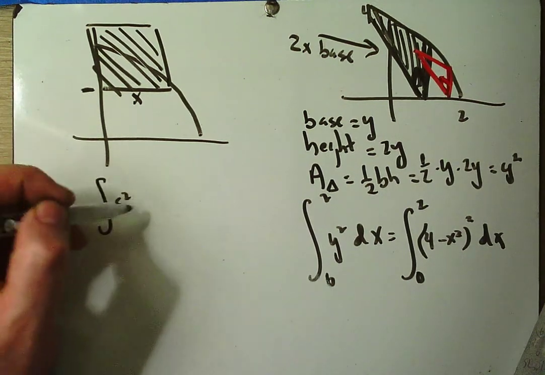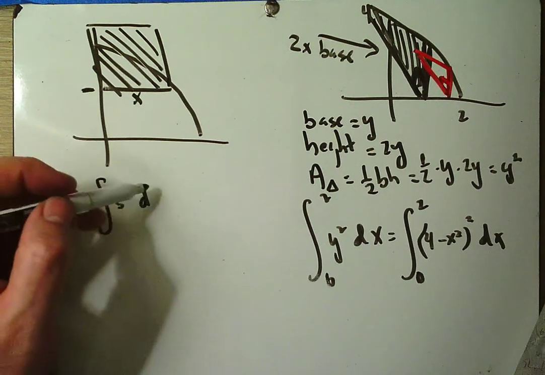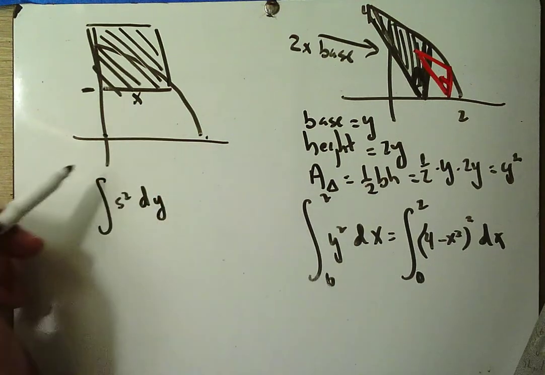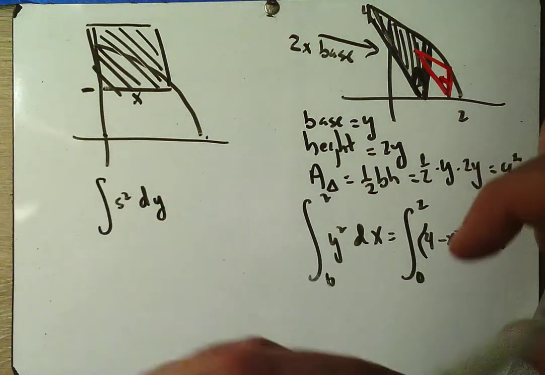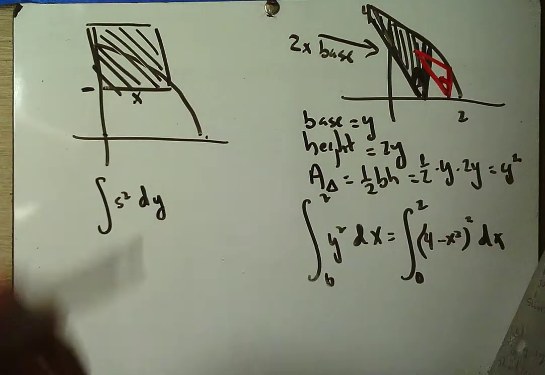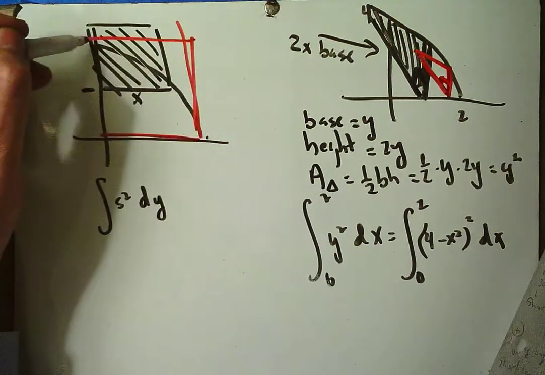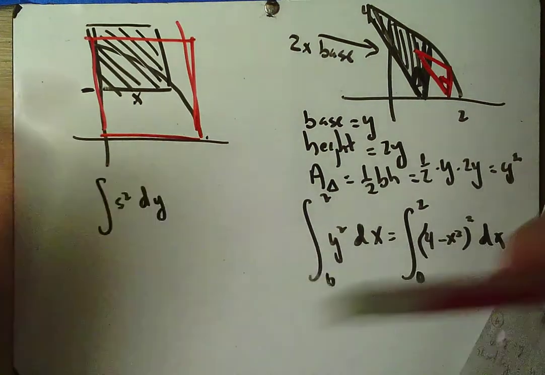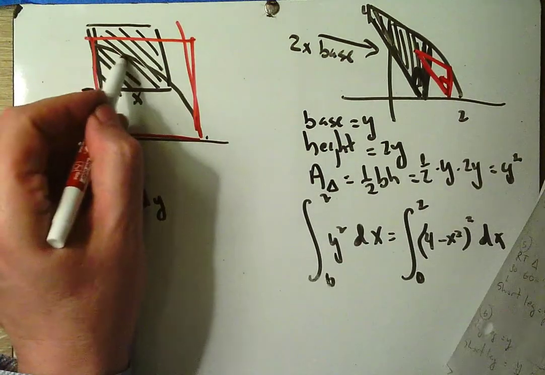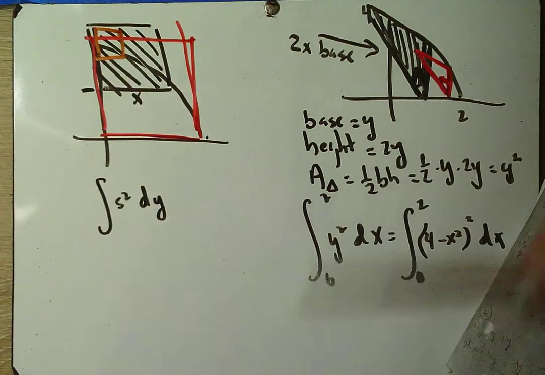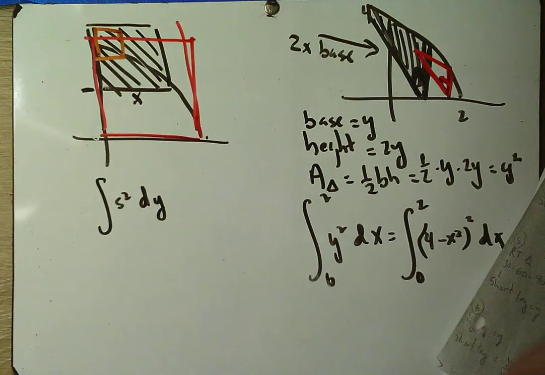So I want side length squared, but this is a dy. And I'm not going from 0 to 2 anymore. I'm adding up all the slices that go from down here, squares, to up here. So I'm going from 0 to 4.